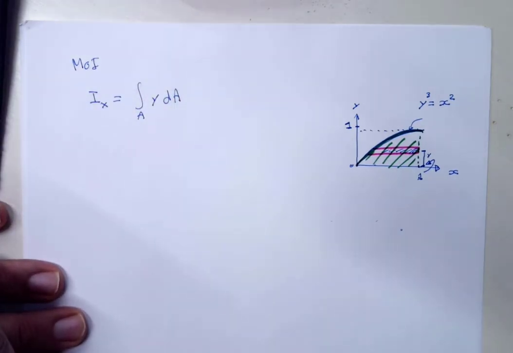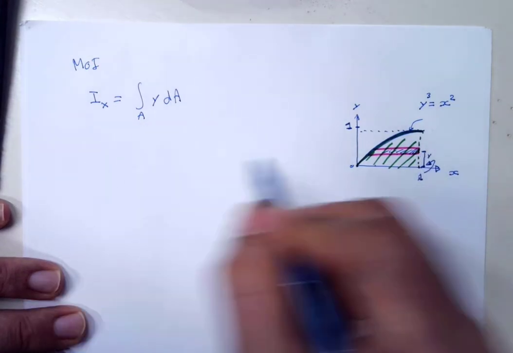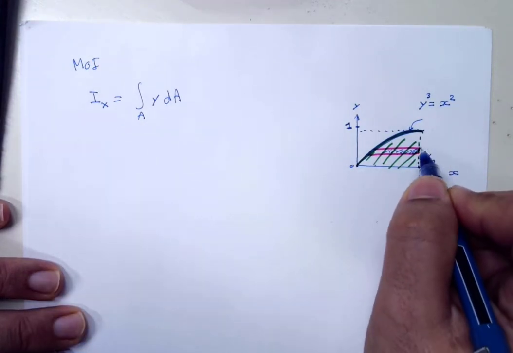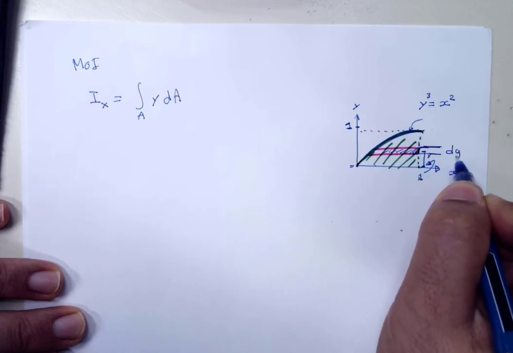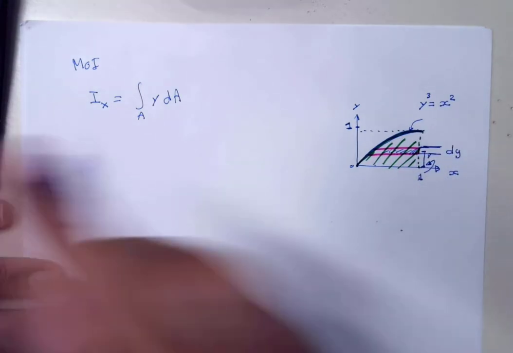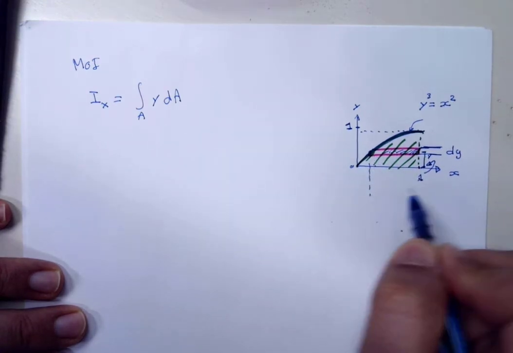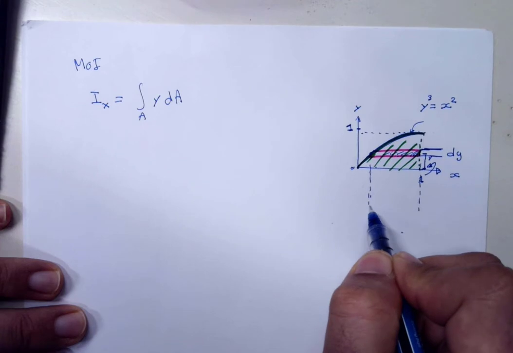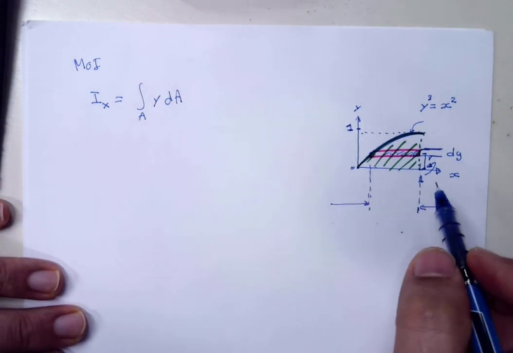All right. Now we need to know how much dA is. So this is the dA. dA has a height of dy and has a width. This width is this here, right? So how much is that width?